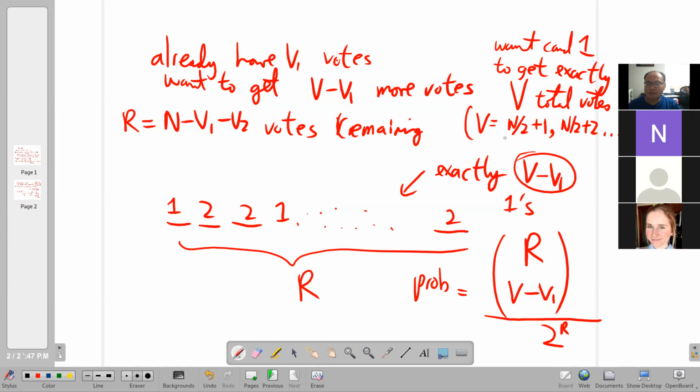So you have to basically use this formula to compute the probability of getting exactly this many votes, all the way to this many votes, and sum them all up, because those are all the possible cases of candidate 1 winning.